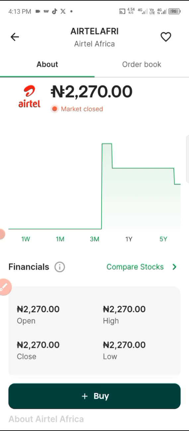Like I said, I'm not a financial advisor, but the bigger players in this business always buy when the price is low. But one thing that we don't understand is that a lot of people buy when the price is very high, and then when it starts crashing down, that is when they start selling, and you sell at a loss.